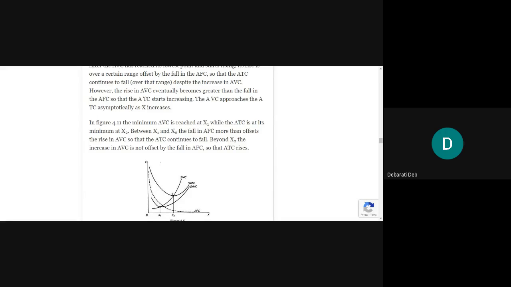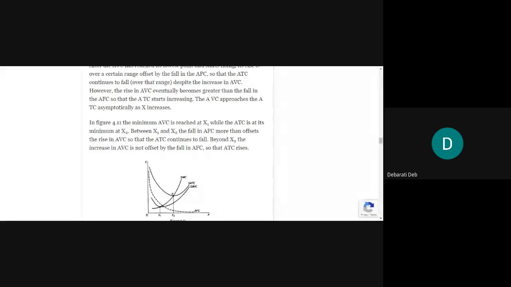That's why in this range x1 to x2, AVC and ATC will behave in opposite manner. Understood? So over this range, the average variable cost curve will rise from x1 to x2, still ATC will keep on falling because there is a presence of AFC in it.